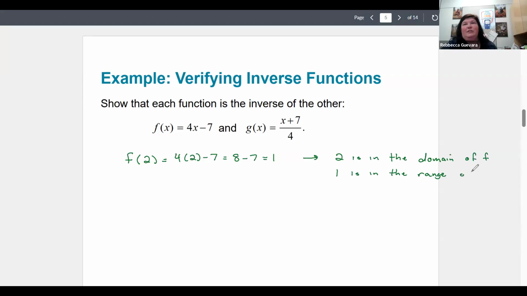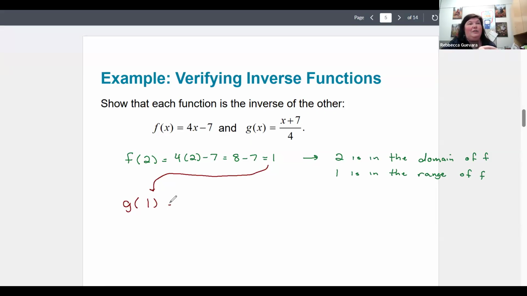And let's just make a point here. This is just of f. Well, let's say we go back and we look at g. So remember, g has an inverse, so that domain and range should switch. So this one, that was an output here, we're going to put in here. So we're going to take a number from the range and put it into g.